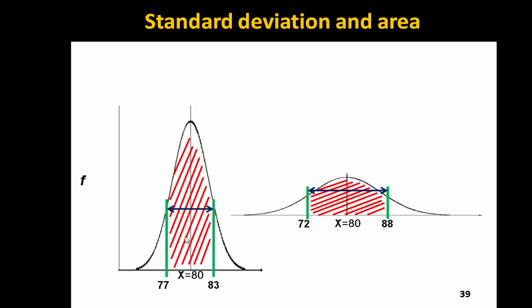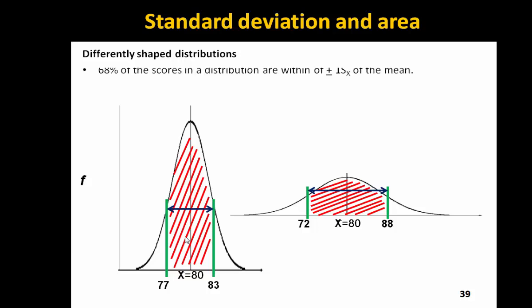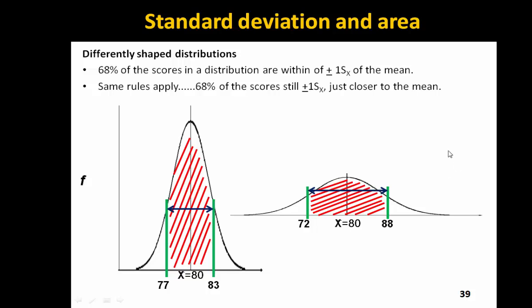Now, if we have a distribution that is not exactly fitting the standard normal distribution, we have a different shape. The standard deviation is still defined by capturing approximately 68% of all the scores. So the same rules apply. It's just that the actual values of the standard deviation would be farther away from the mean.